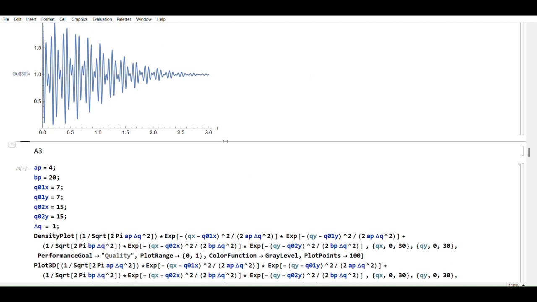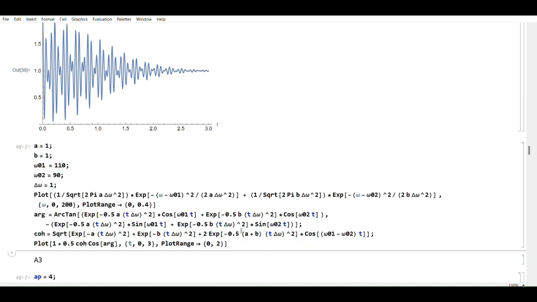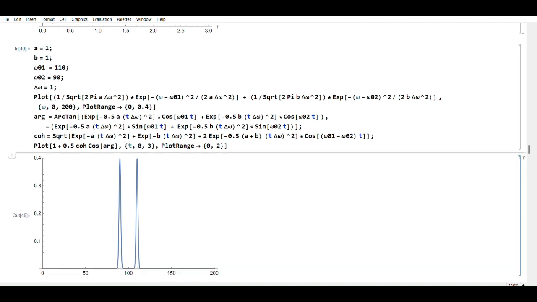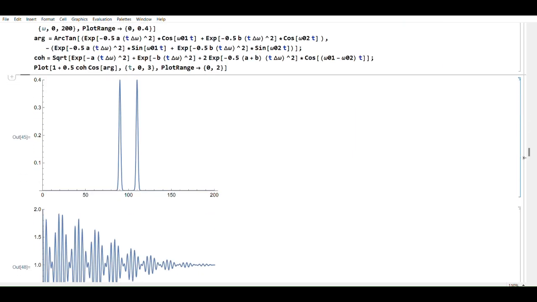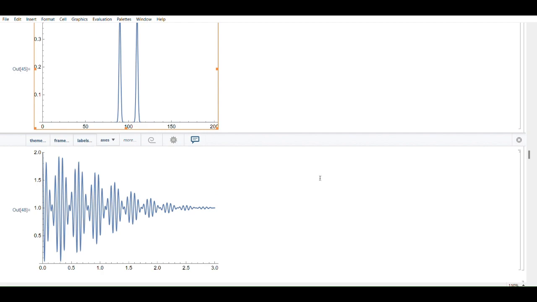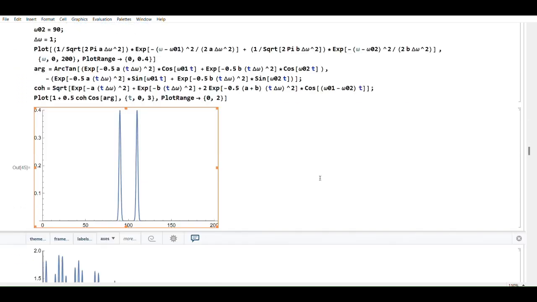If I change even further, okay, let me copy this one for comparison. Let me copy paste this one for the sake of comparison.